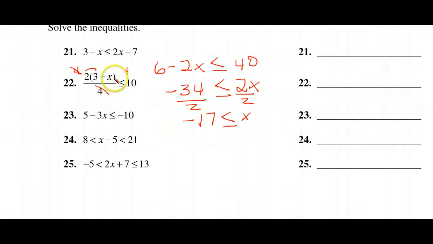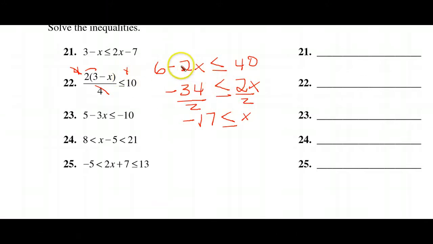Now notice on this side, if we had left the x's there, this would have been a negative, I'm sorry, this would have been a negative on this side, and I would have to divide by a negative 2. I'd have to reverse the sign.